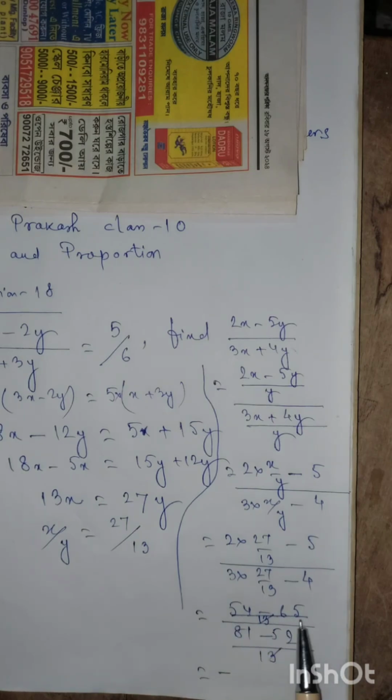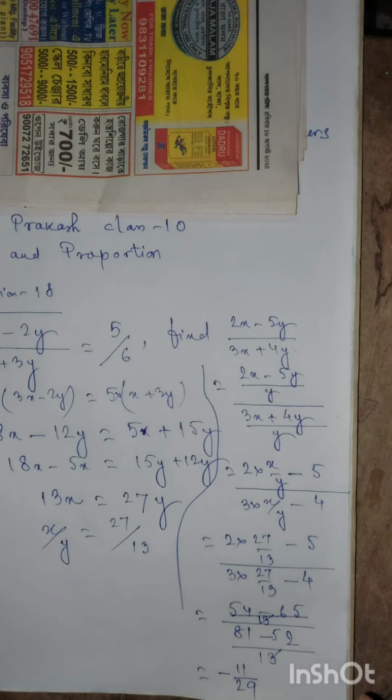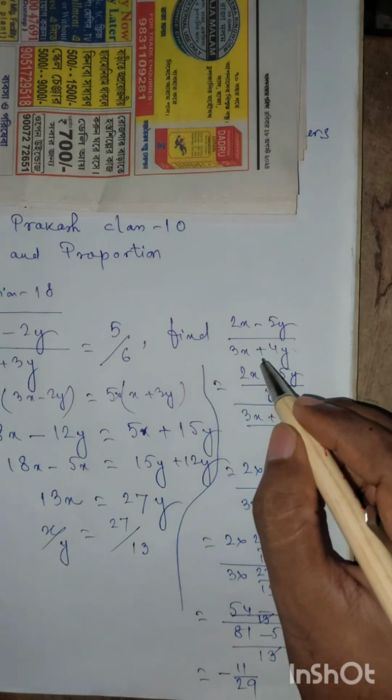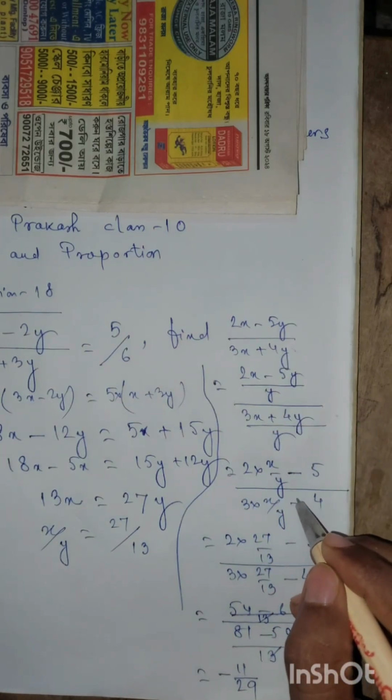So 54 minus 65 will be minus 11 by 29. Oh, sorry, friends. This is plus. So I have made a mistake.